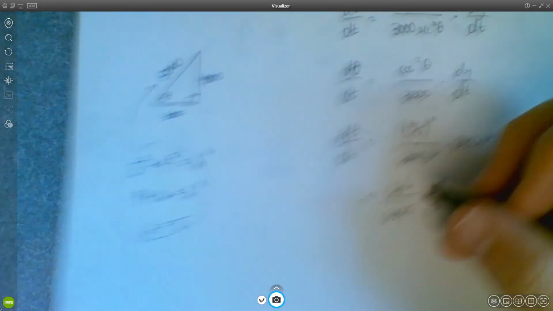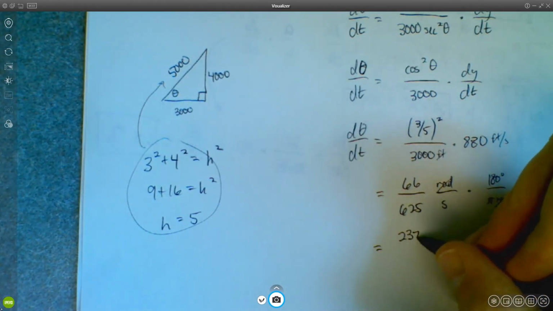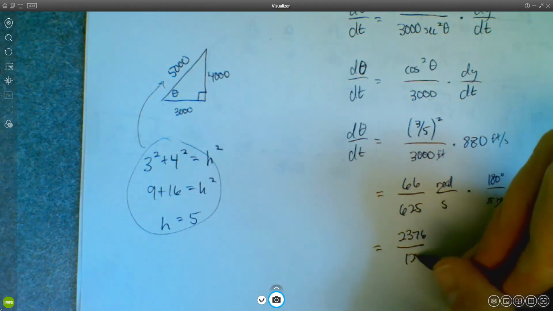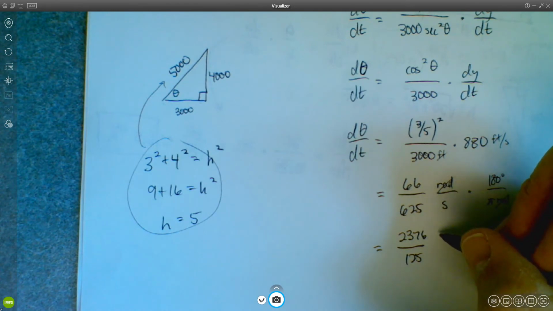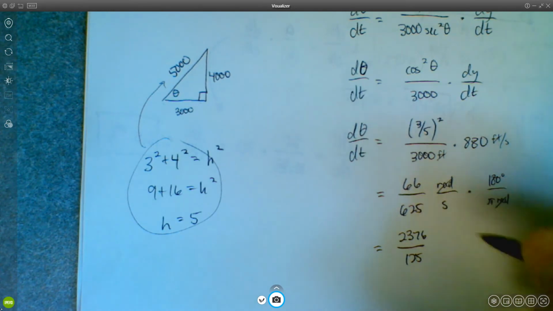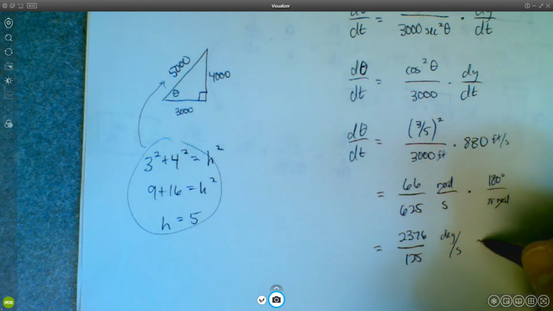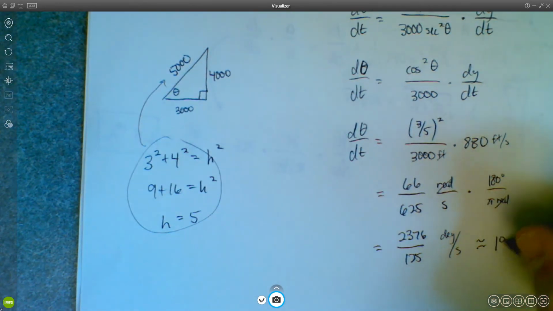And that comes out to 2,376 over 125 degrees per second, which is approximately 19 degrees per second.